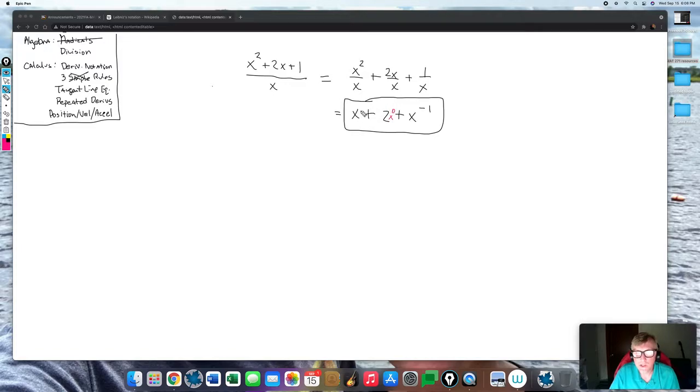I want you to think of different algebraic expressions having the power of x. Whenever that's possible to write, it's going to be to your advantage to do that in calculus. So I very, very strongly encourage you to be able to implement these algebraic rules.